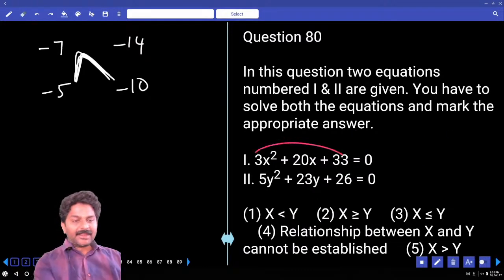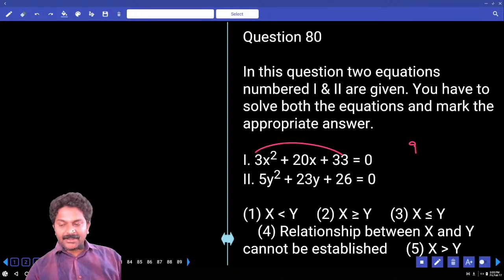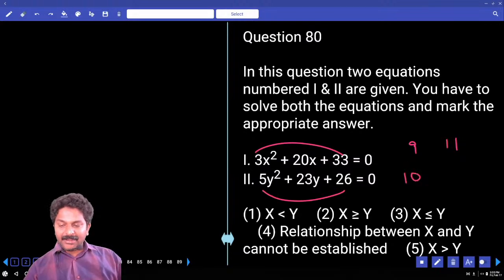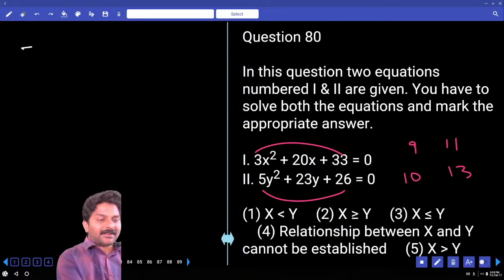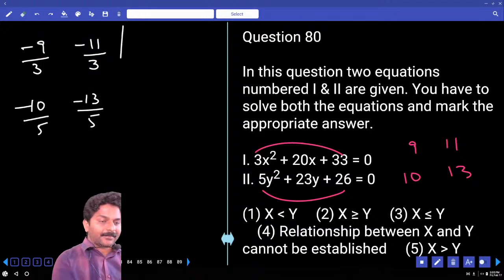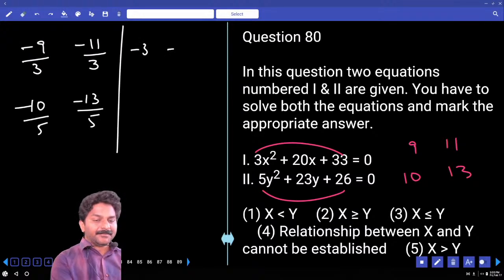3 into 33, 99. 9 into 11. 5 26 times, 130. 10 into 13. Factors are minus 9, minus 11, divided by 3. Minus 10, minus 13, divided by 5. Minus 3, minus 2.33.